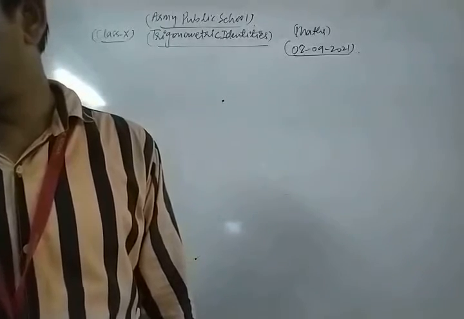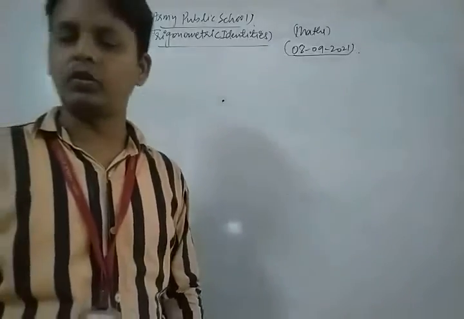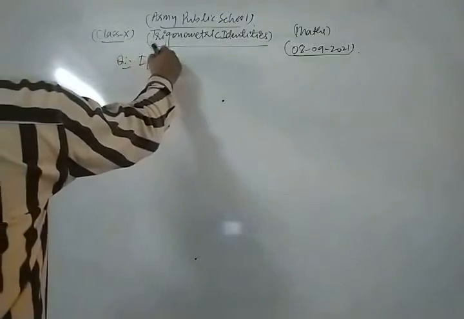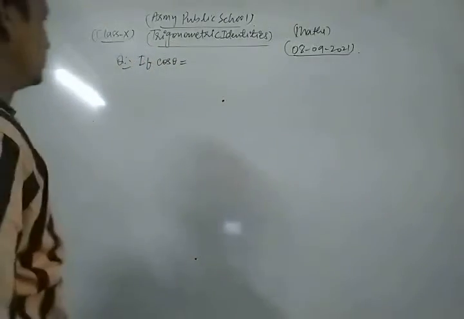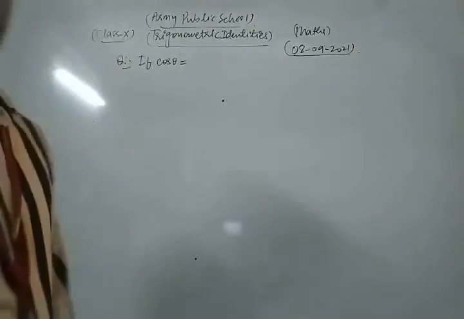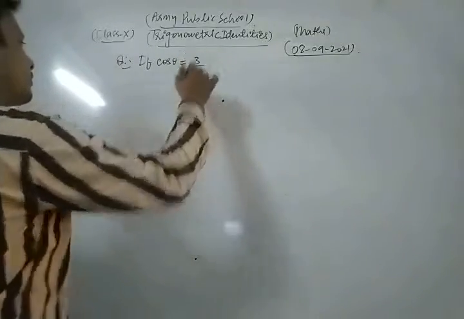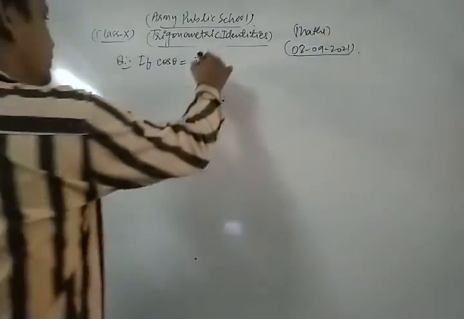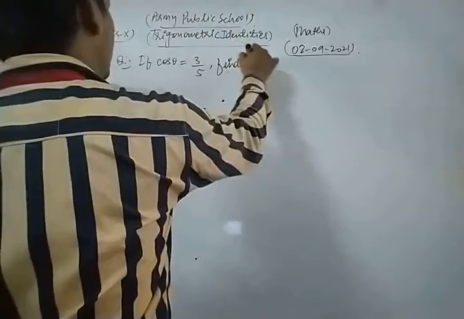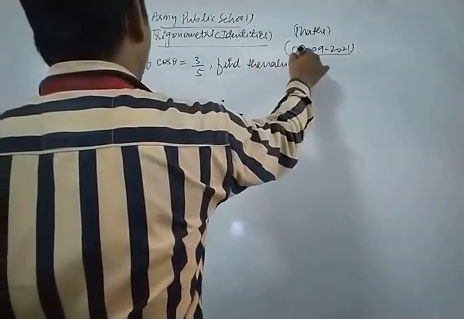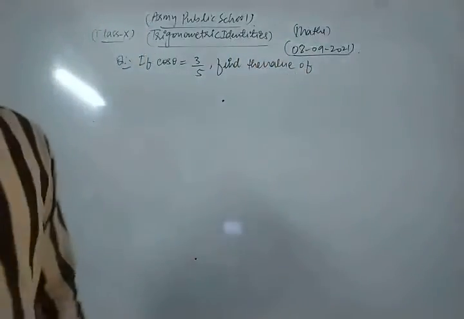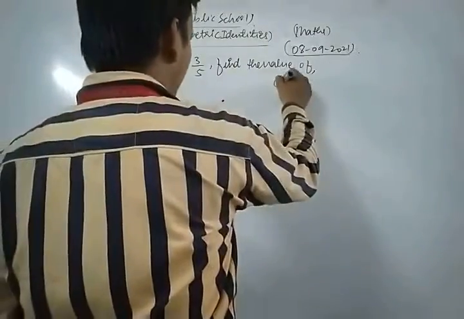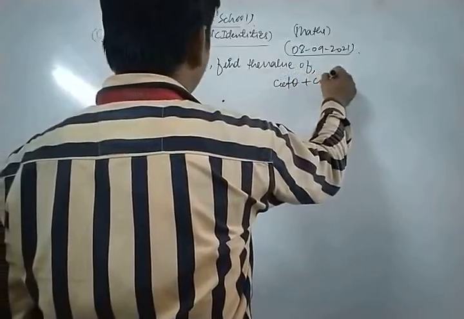Okay, dear students, look: if cos theta is equal to 3 upon 5, find the value of cot theta plus cosec theta.